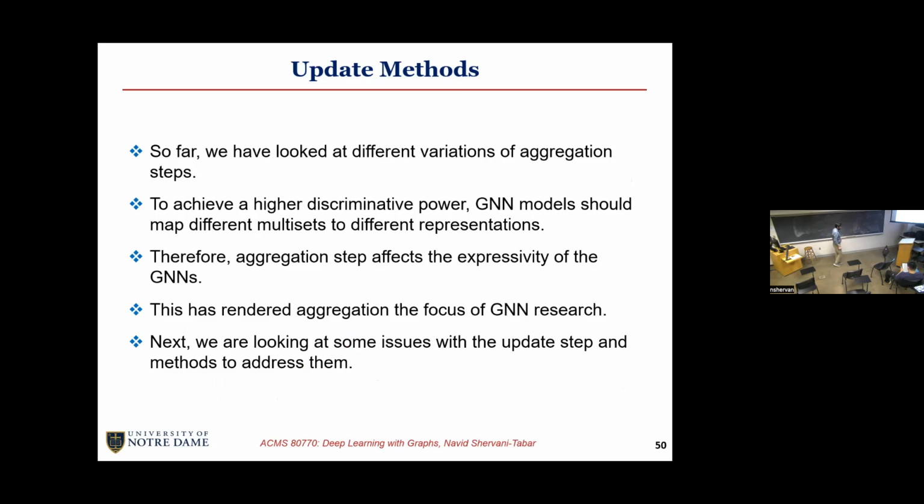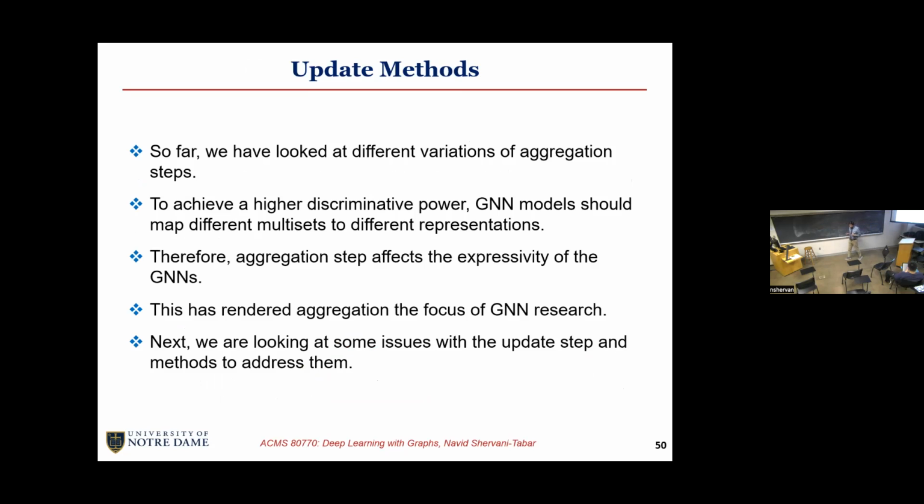Now, so far, the main focus of what we have discussed was on the aggregation step. The reason for that is that in our aggregation step, we define how expressive our graph neural network is.